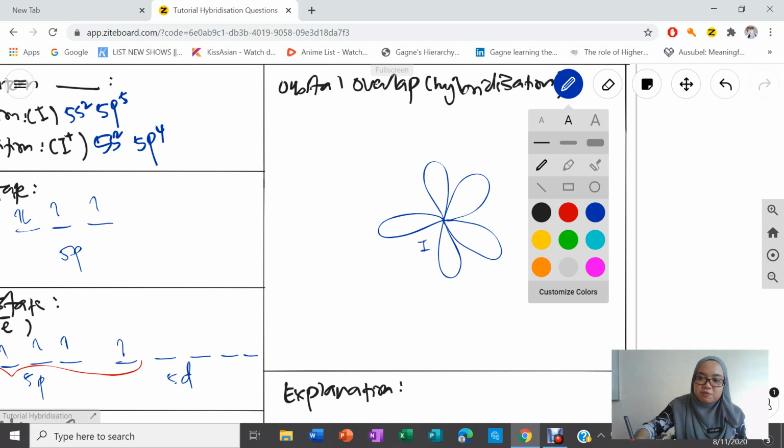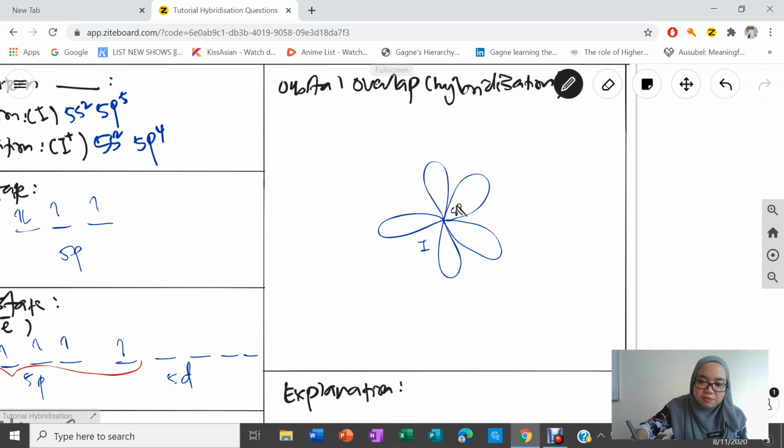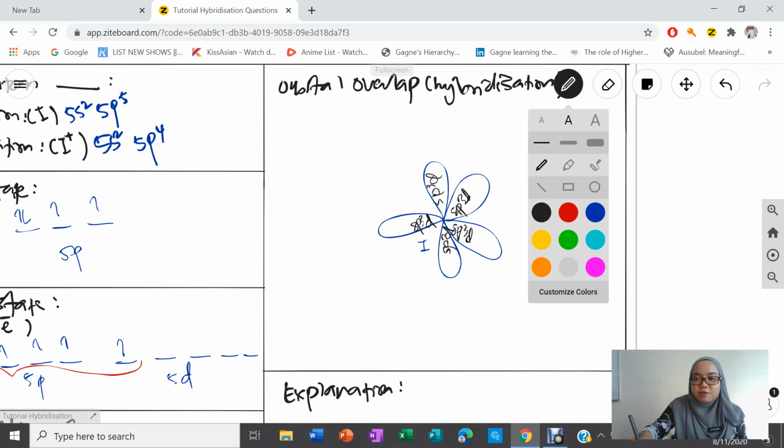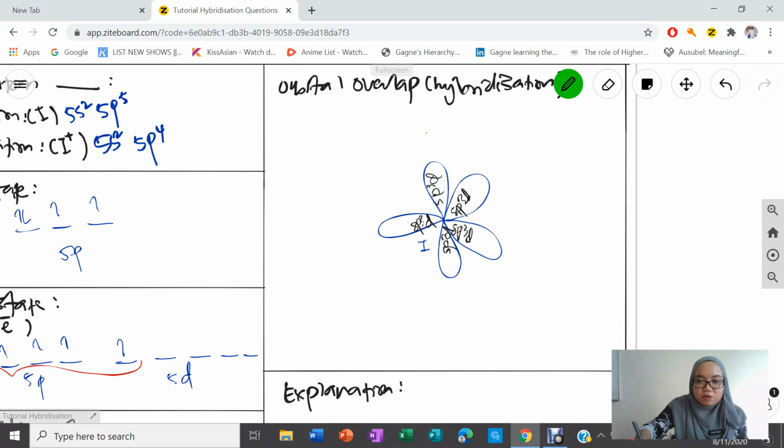Okay, then you need to label sp3d, sp3d, sp3d, sp3d. Okay, so now for Cl, it is the 3p orbital.